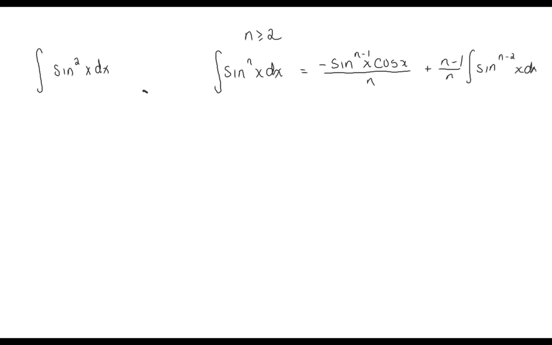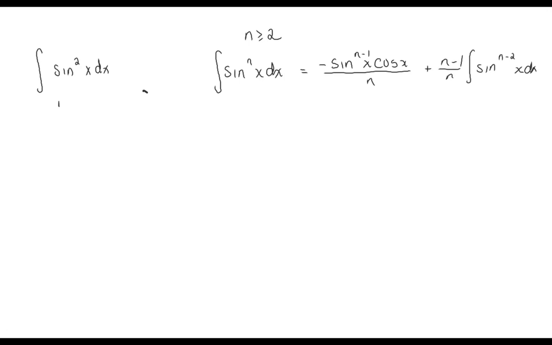So this looks really messy, but it's not as bad as it seems. We just have to get everything plugged in. I found that a lot of students actually like these formulas once they get some practice with them. So let's see how this works.